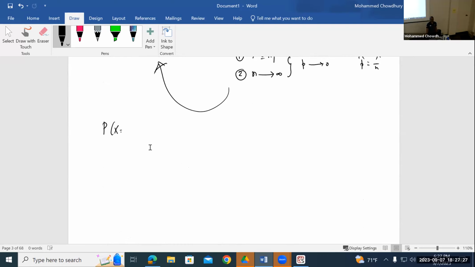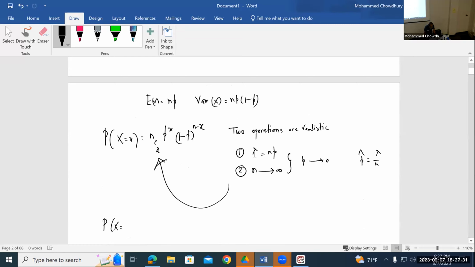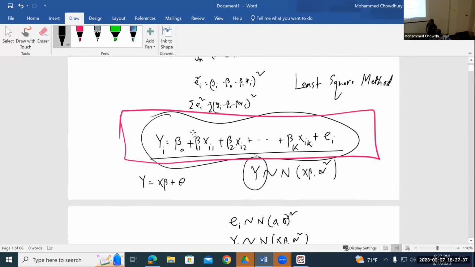So lambda equal to np, there is another rationale. Lambda is a mean, and np is a mean. In these regressions, we are actually fitting the average line, right? You understand? In these regressions, we are always fitting the average line, right? And you have seen np is the mean of the binomial distribution, and I am assuming lambda equal to np.